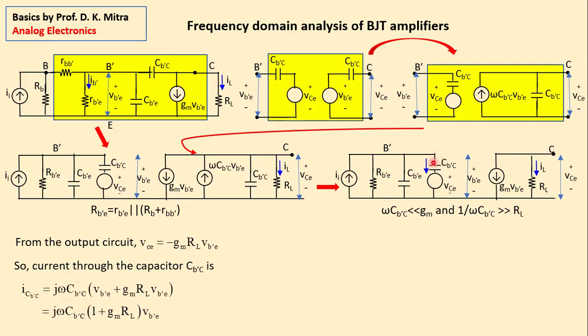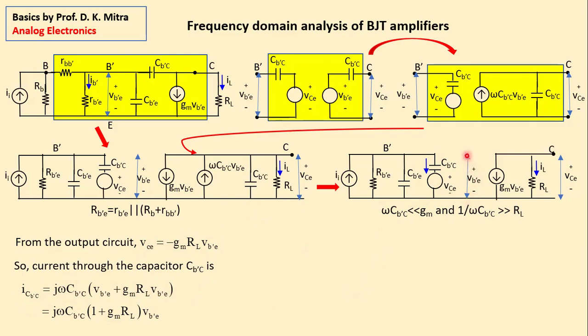That means this current is equal to this VCE, its value is gm RL VB'E. This is one current, and this is another current, there is a VB'E.